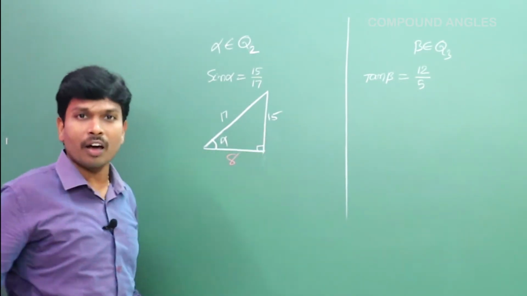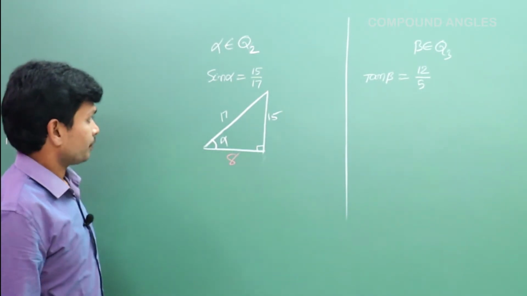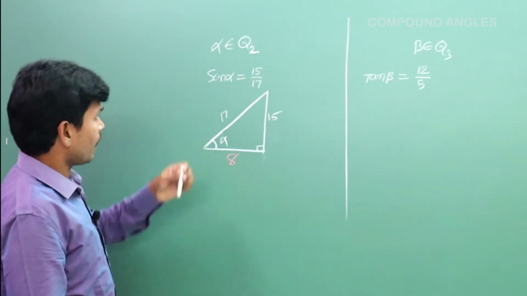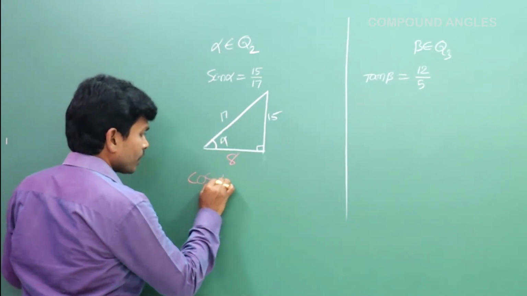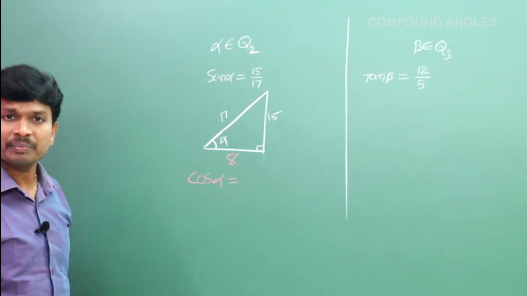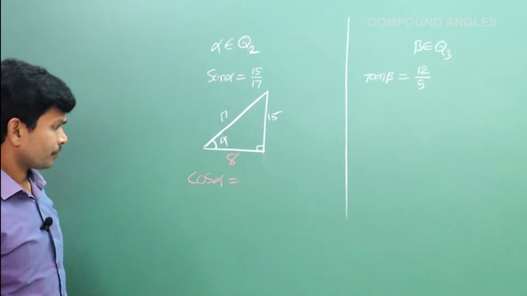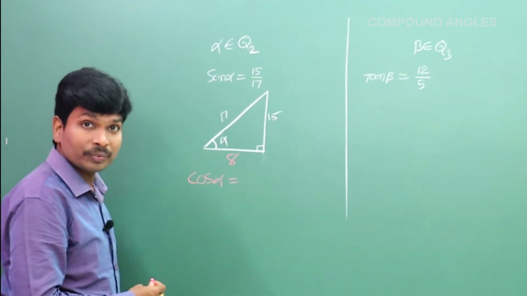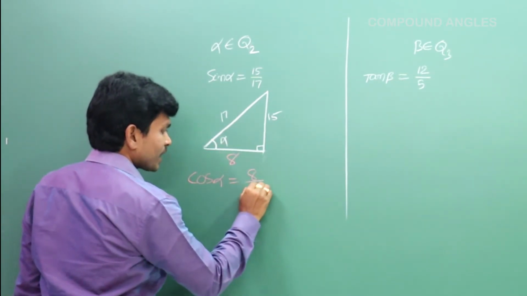Already we proved these all using Pythagoras theorem. Okay. Now sin alpha is 15 by 17. Now what about cos alpha? Can you say the cos alpha value? Yes, cos alpha is equal to adjacent side by hypotenuse, 8 by 17.